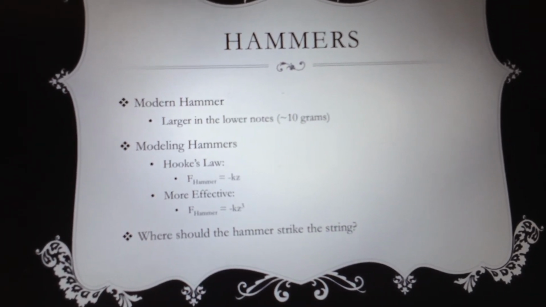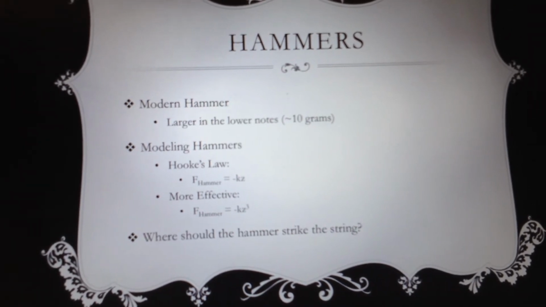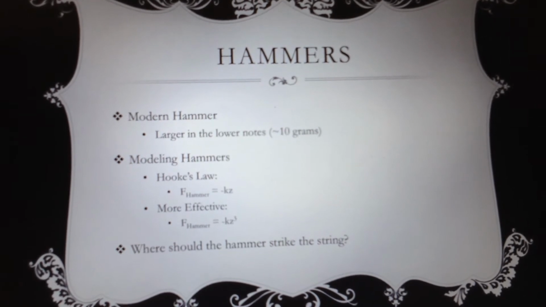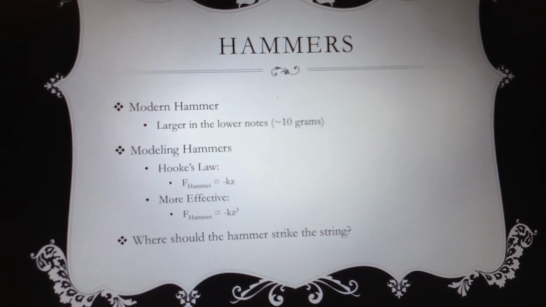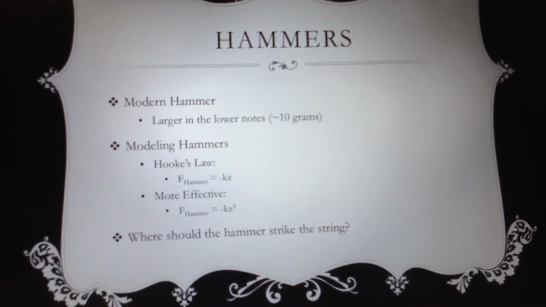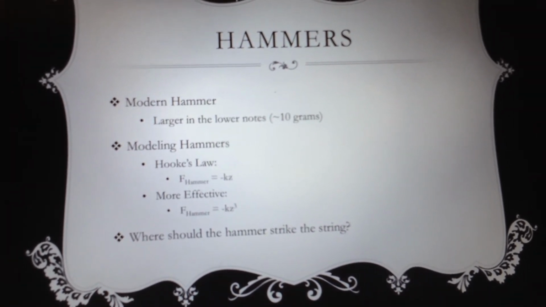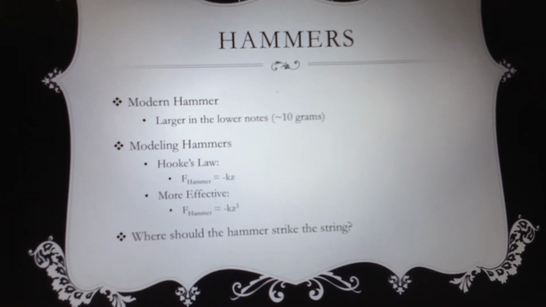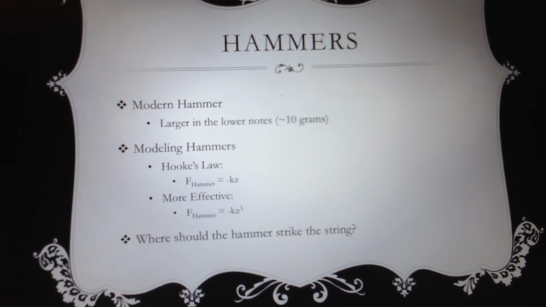There was a really different concept of how a hammer should be modeled. The first idea was Hooke's law, modeling the hammer as a spring, with F equal to negative kz. But the more effective model was found to be F hammer equal to negative kz cubed.